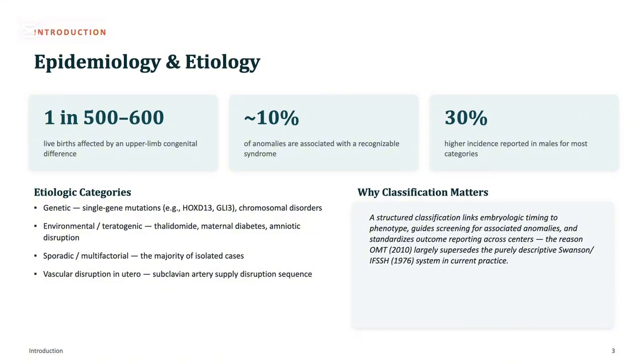As for etiology, it's mainly genetic mutations or chromosomal disorders. Sometimes it's environmental or teratogenic, like thalidomide.